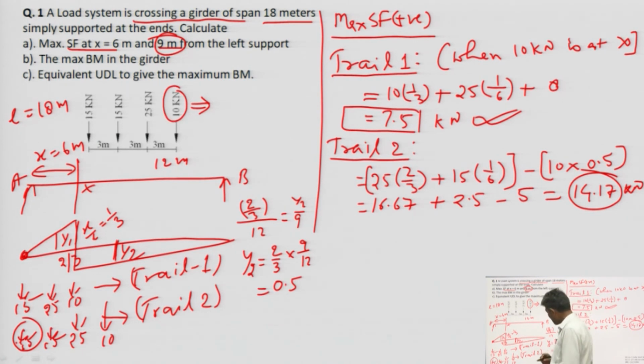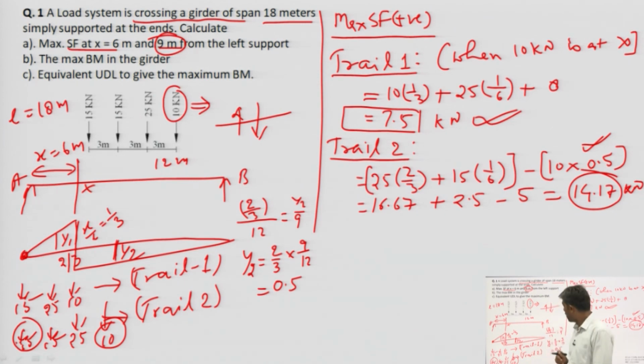That value is higher as compared to the previous one. In spite of the negative contribution by this load, we are observing the maximum value. So, there is the need for the trial. Do trial 1 and trial 2 and then select the value. So, the maximum positive value of shear force for this sign convention will be that.